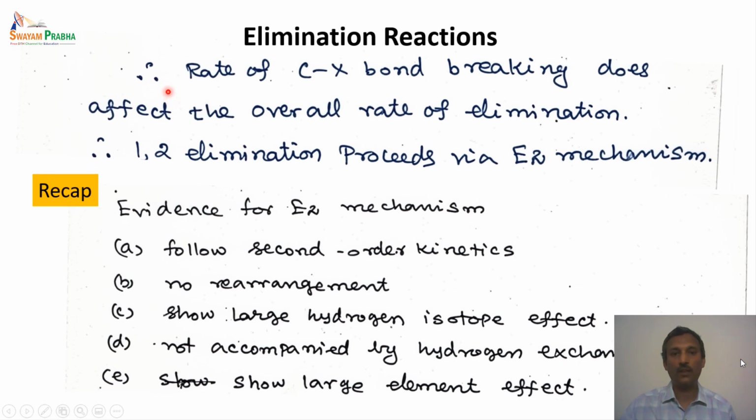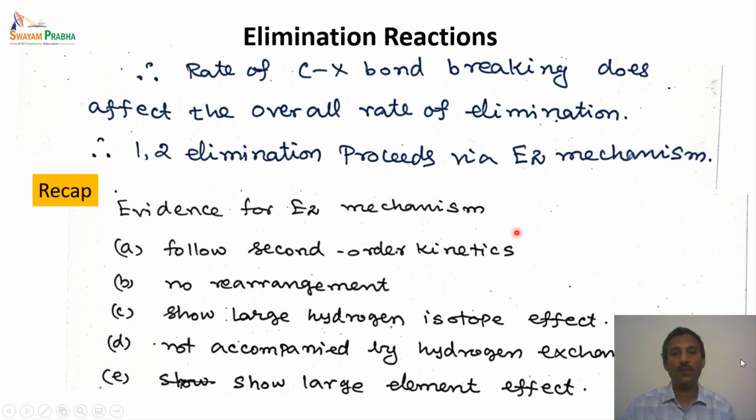We can conclude that the rate of CH bond breaking does affect the overall rate of this reaction. Therefore this 1,2 elimination proceeds via the E2 mechanism. The primary isotope effect tells that the CH bond is broken in the transition state, and the element effect also shows that the CX bond is broken in the transition state. Put together, these prove that the reaction proceeds via the E2 mechanism.